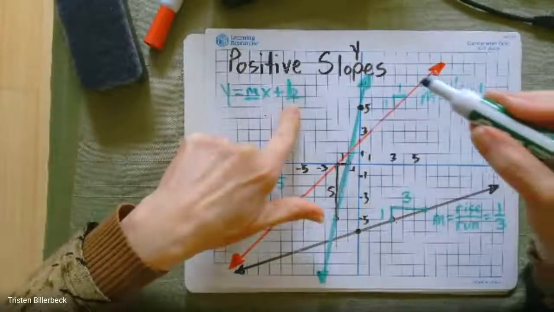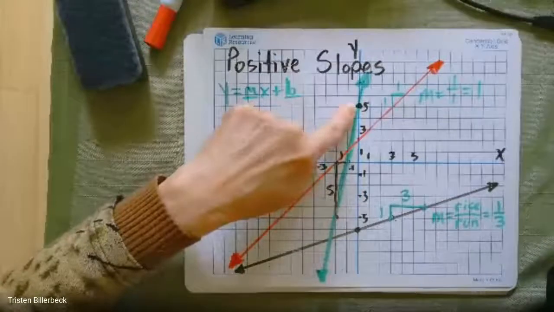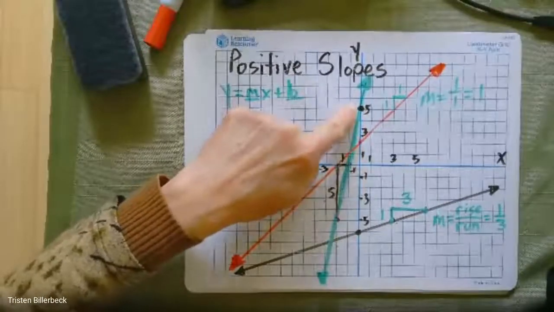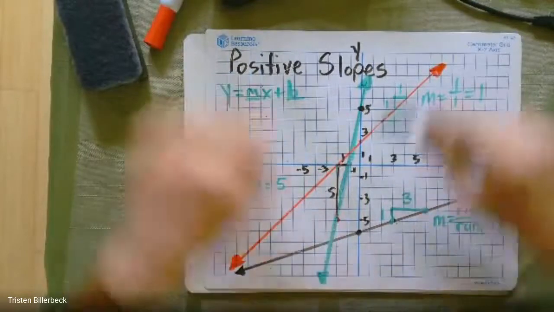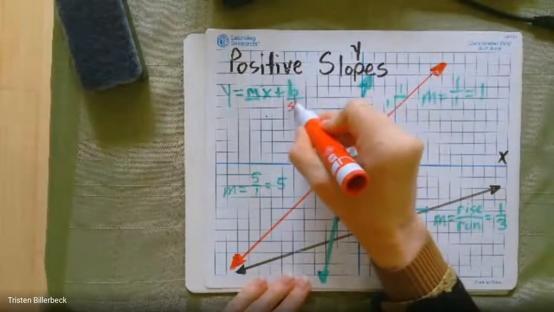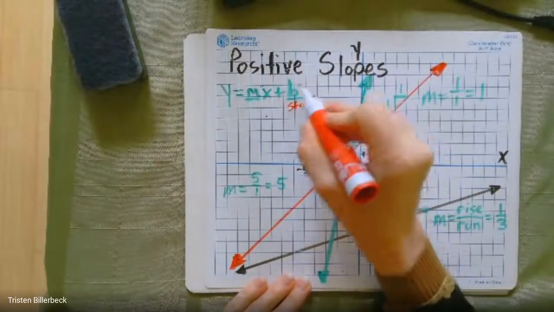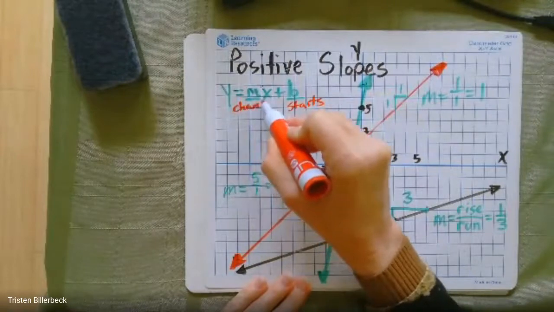So how does this one start? It starts at the y-intercept. The y-intercept here is 5. I'm going to write starts and changes right here.